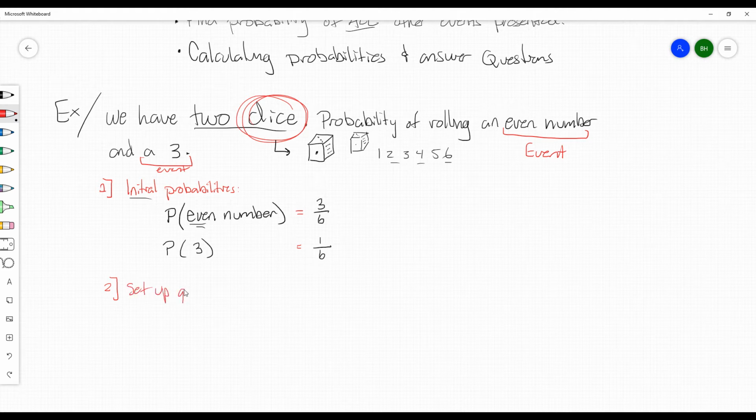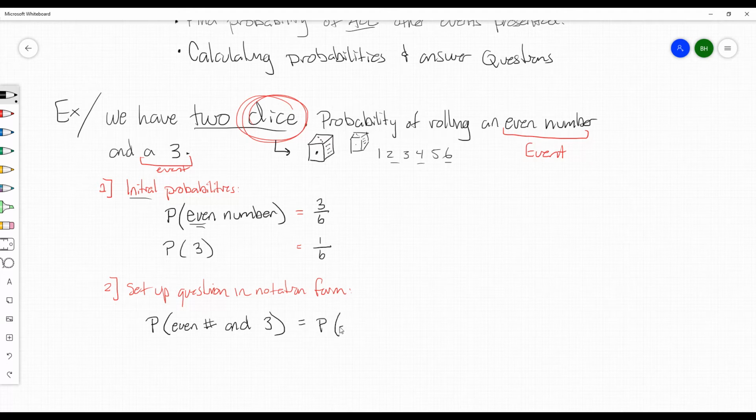So set up the question in notation form. Here what we're looking at is the probability of rolling an even number and a 3. So if I go like this, probability of an even number and a 3, we can turn this into proper notation.